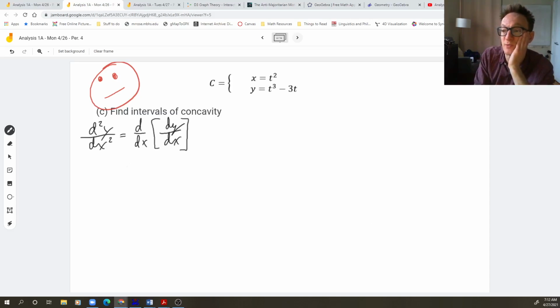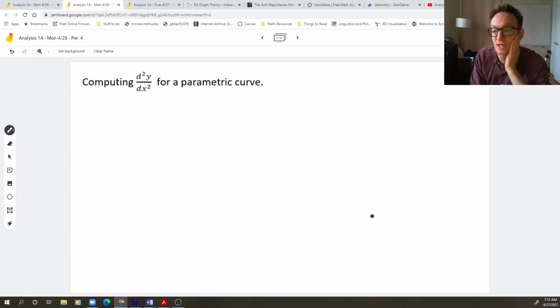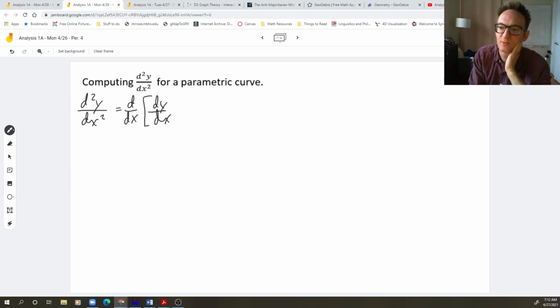How am I going to do this? Well, let's take a step back and ask how we do this for some kind of parametric curve. D squared y dx squared of some parametric curve is, as I just said, the derivative with respect to x of dy dx. What does this mean, and how do I actually go about computing it? Both of those are kind of hard.